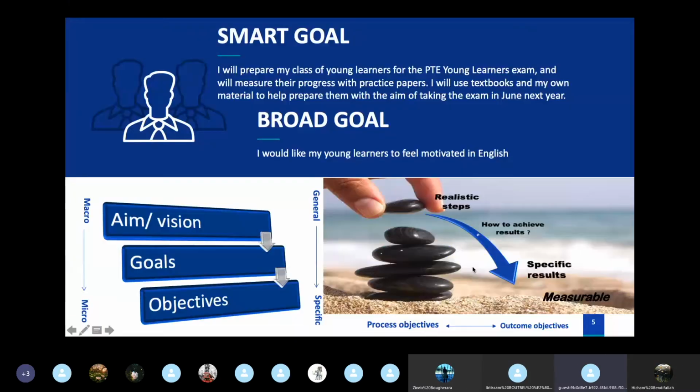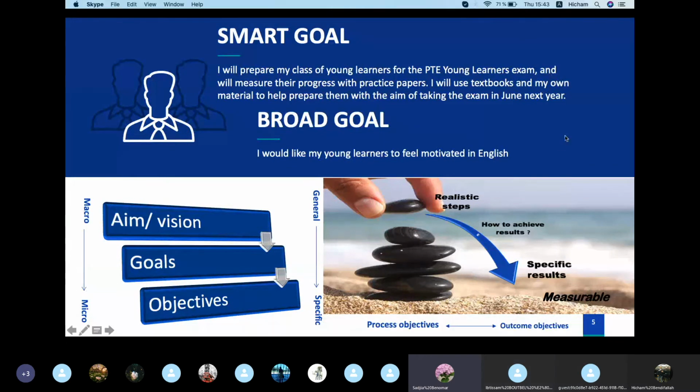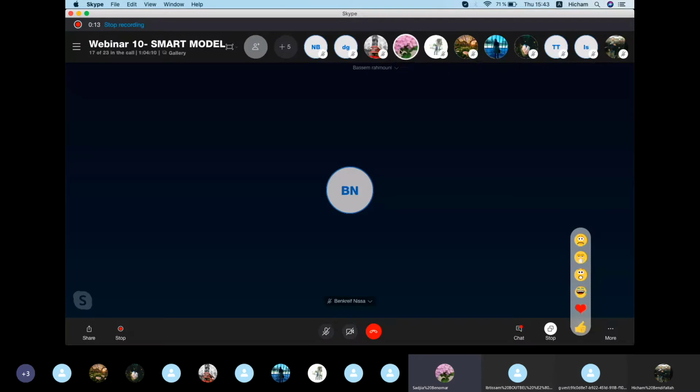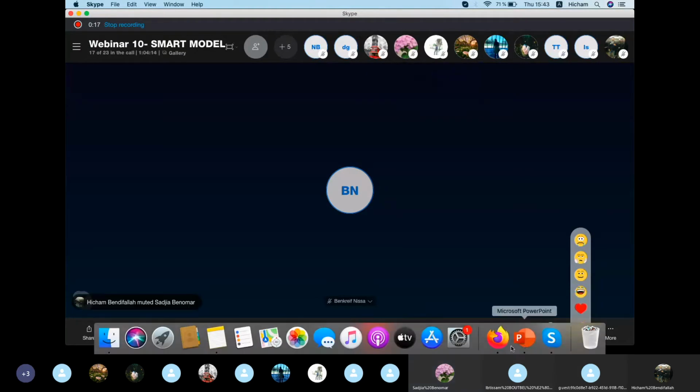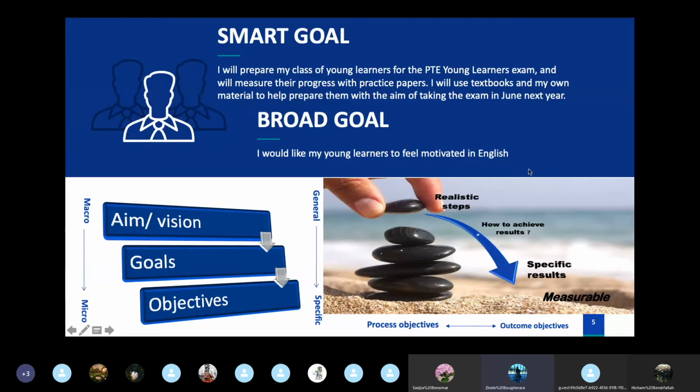Yes, exactly. The example you have mentioned is really demonstrating the hoped-for effect of the learning.